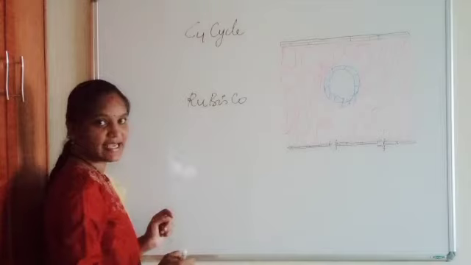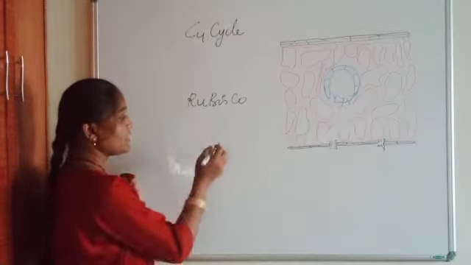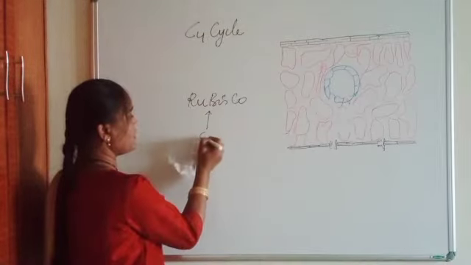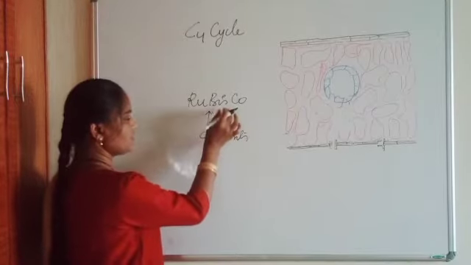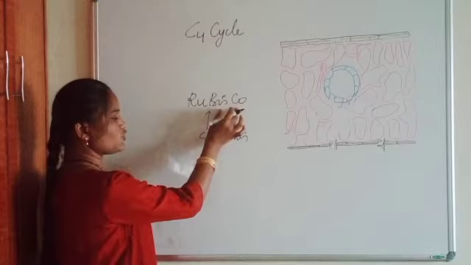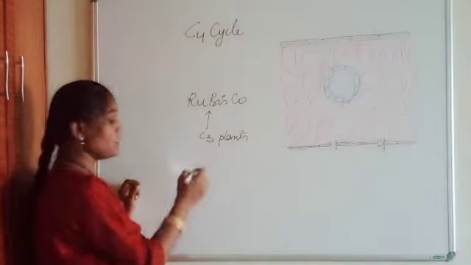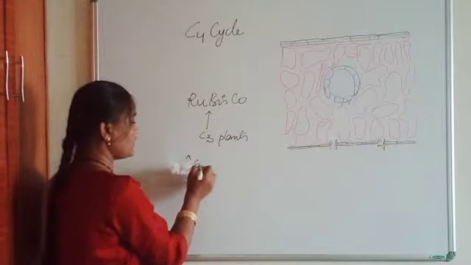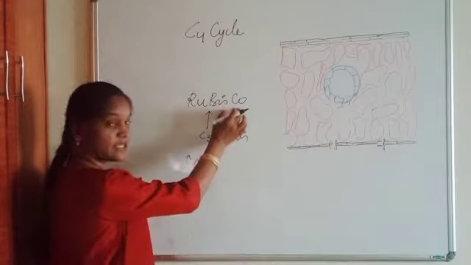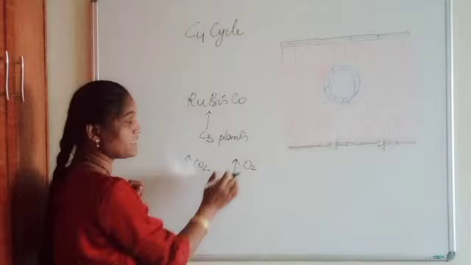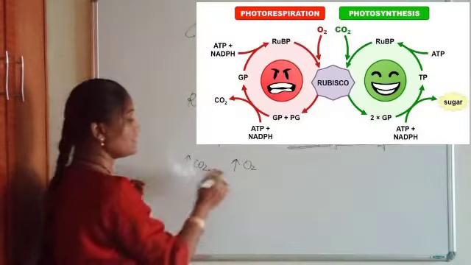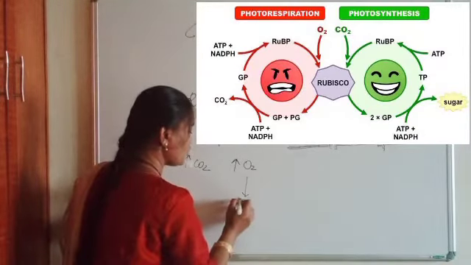Rubisco is a key regulatory enzyme in C3 plants. According to the content of CO2, it acts as a carboxylase. If more oxygen is present, it acts as an oxygenase, leading to photorespiration.